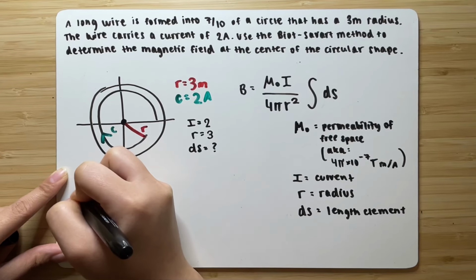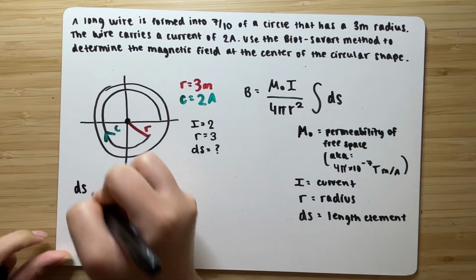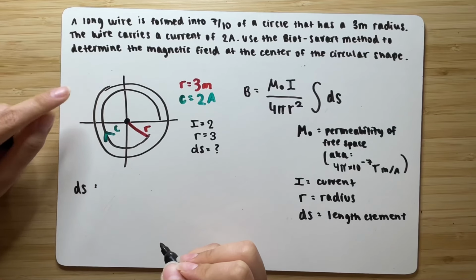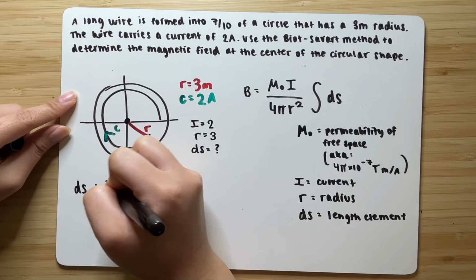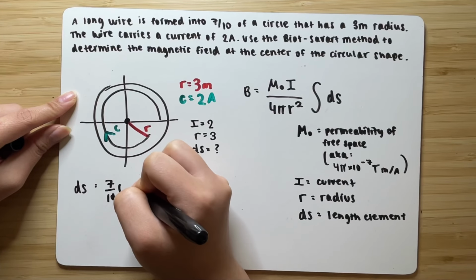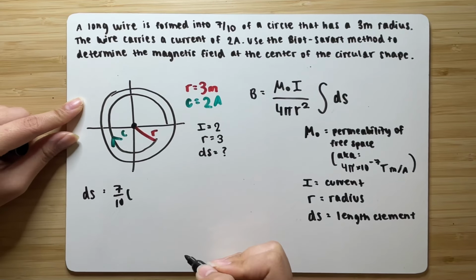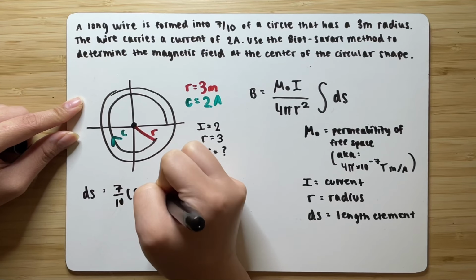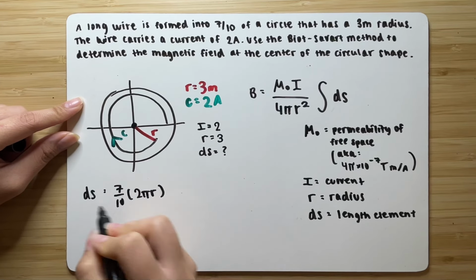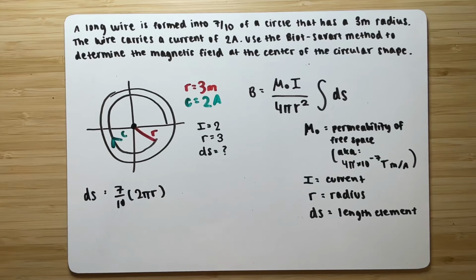So ds we're trying to find. So let's find ds. So given that we have this 7/10 of a circle, in order to find the length element, you're going to have to multiply the 7/10 by its circumference. And we know from geometry that the circumference of a circle is 2 pi r. So with this, we will be able to find ds.